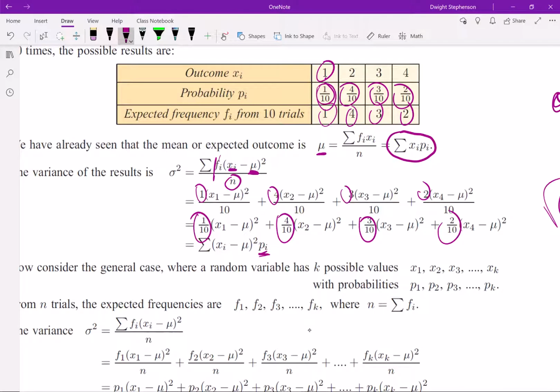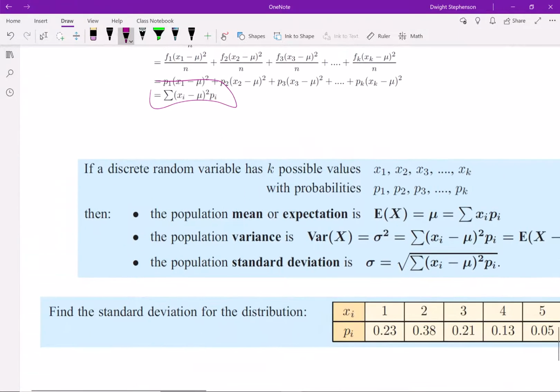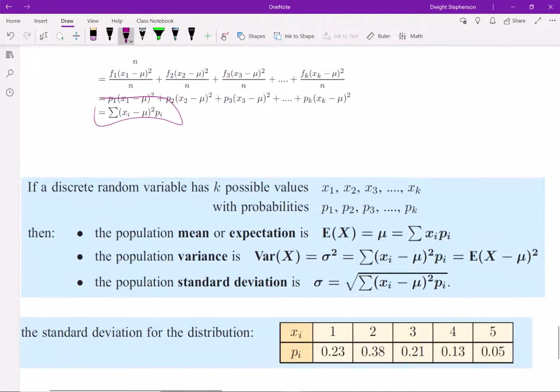And so our formula for variance is this here: each individual value minus the population mean, squared, times the probability of each one happening. And this just goes through that in general. You end up at basically the same result, but it's giving you in general for each specific piece.